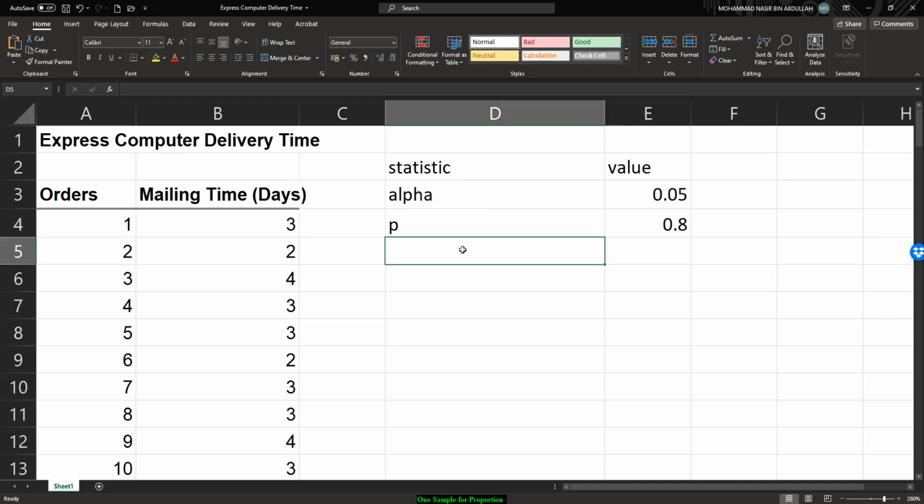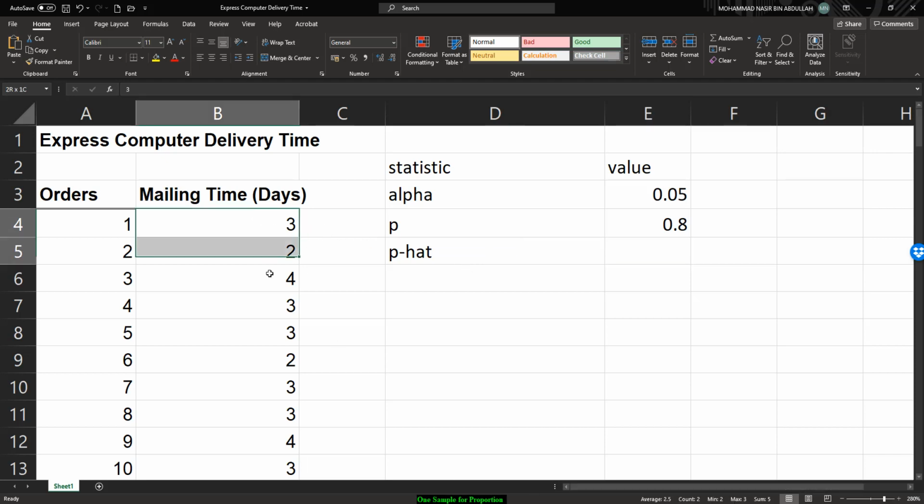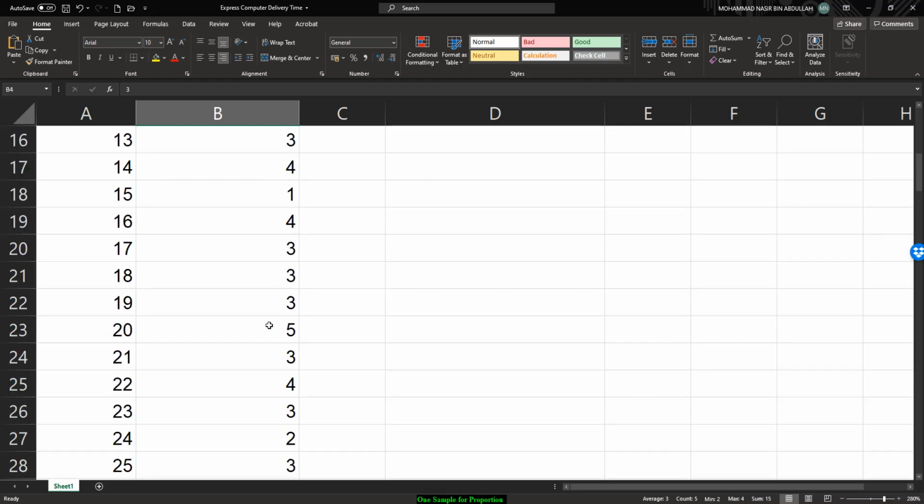Then we need to calculate our P hat. P hat means the proportion of mailing times less than 3 days. If you look at the mailing time, we have 1 until 5 days.